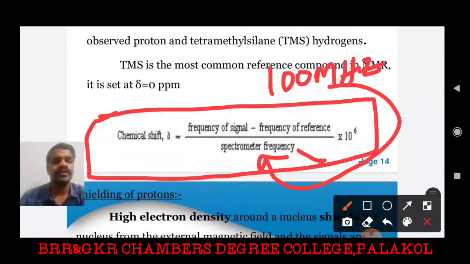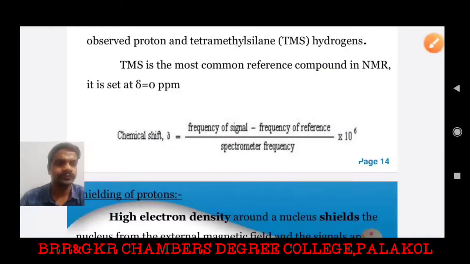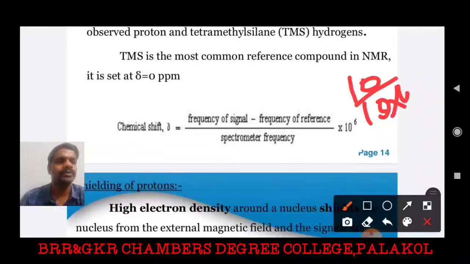Then, for example, the frequency of the proton is 100 million 10 minus the frequency of the reference, 100 million. That means 10 divided by 100 million, which is 10 by 10 to the power of 6 into 10 to the power of 6.